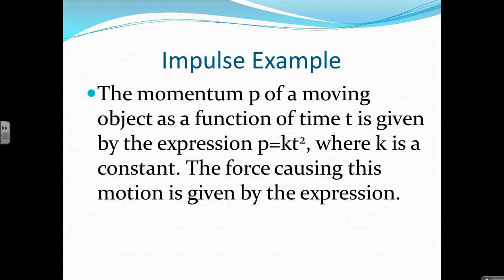Let's try an example where we look at this idea where force is dp/dt. The momentum of a moving object as a function of time is given by the expression momentum equals kt squared, where k is a constant. I want to know the force causing this motion as an expression. So instead of giving this expression in terms of momentum, I want to give it in terms of force. So I take a look at my concept: force equals dp/dt.